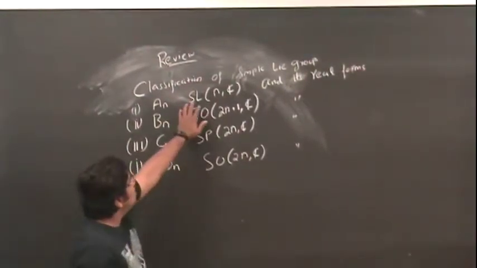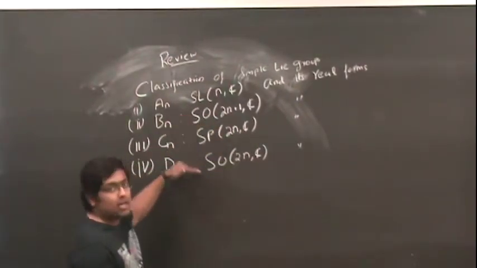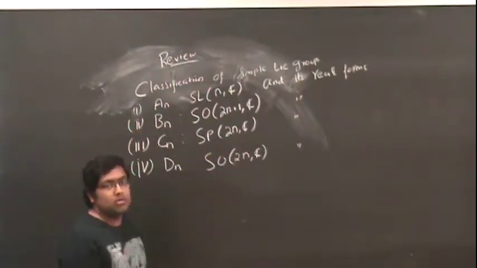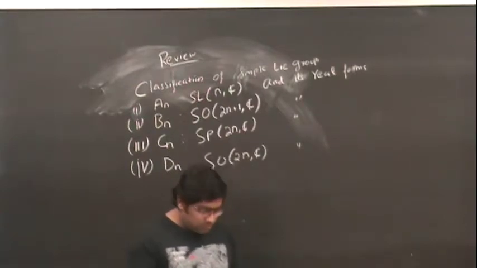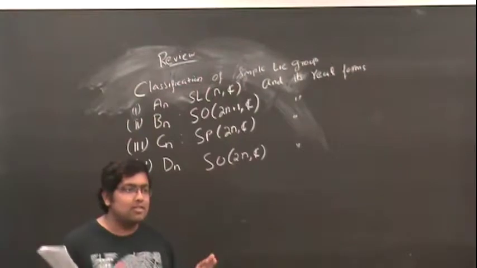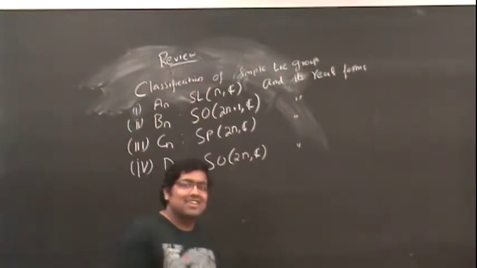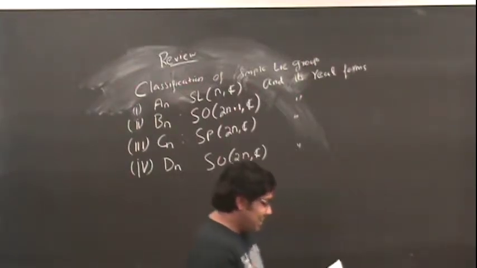We had SO with odd and even dimensions separate, and then Sp, U, and C, and all of the real forms. And then there was this very weird fifth family which had 5 exceptions, which even Chris couldn't tell us more about, so I'm not even going to try.